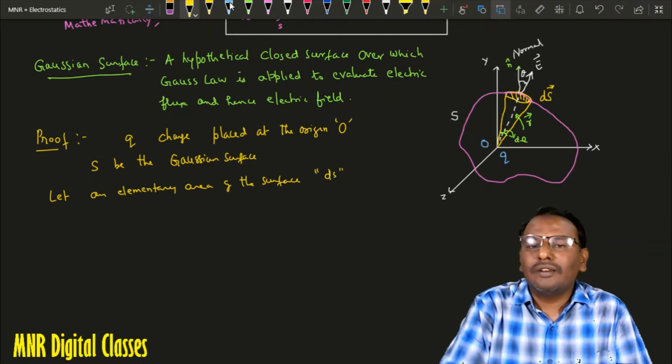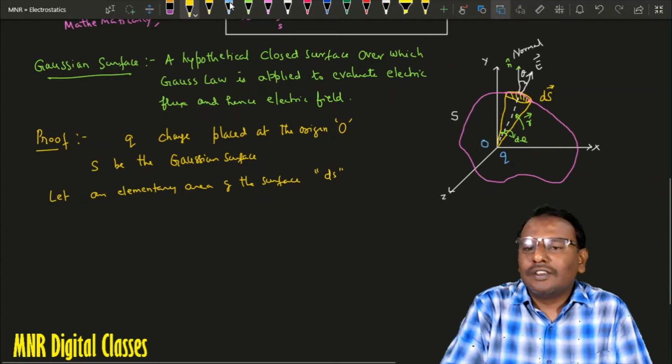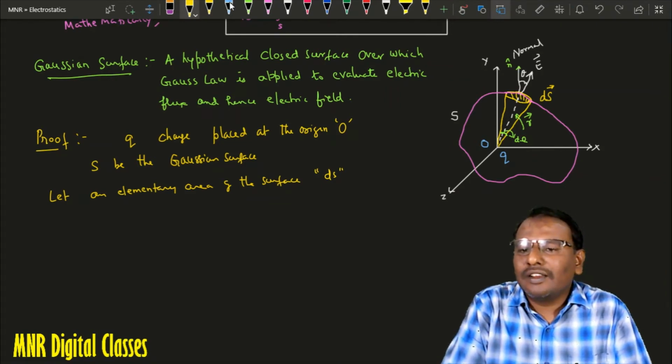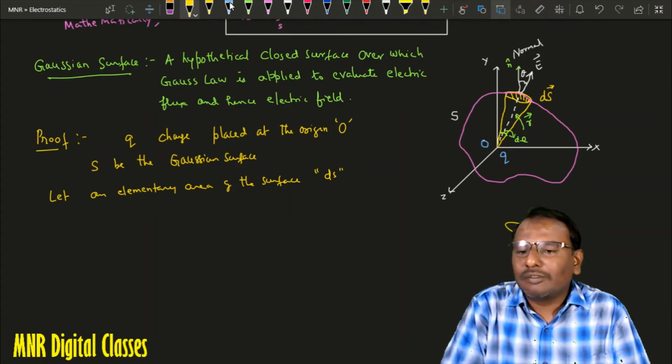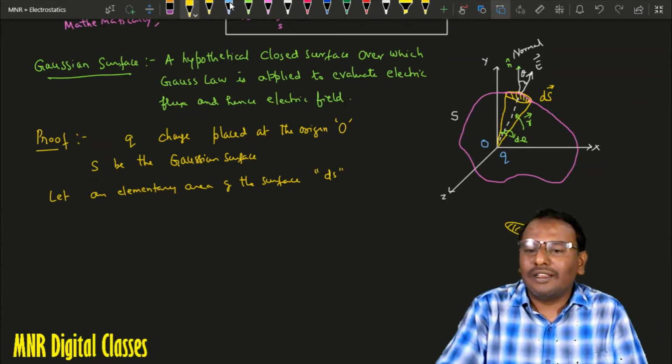Now observe here, this portion, let us consider a small portion of the surface having the surface area ds. Let me draw this portion. This is the small portion over which we apply the Gauss theorem first. Let us take this as the surface area ds.